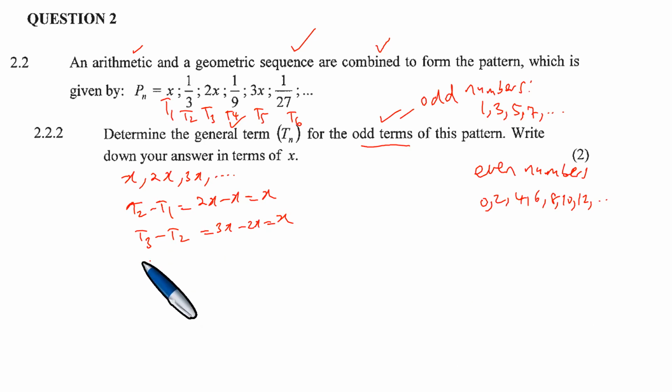So what we have is something we call the common difference. This common difference is d, which equals x. All right, so if this is the case, what next do we do here?